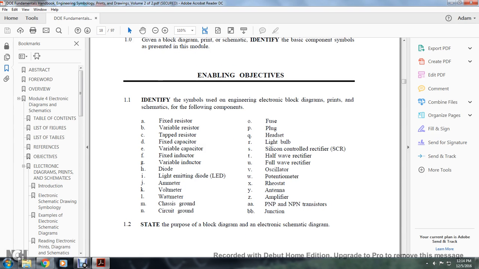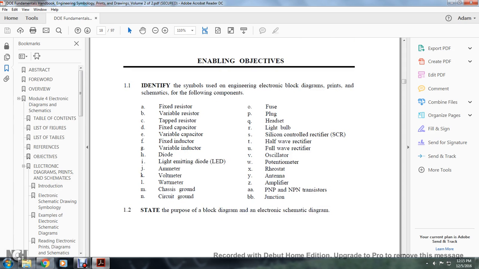A, fixed resistor; B, variable resistor; C, tapped resistor; D, fixed capacitor; E, variable capacitor; F, fixed inductor; G, variable inductor; H, diode; I, light emitting diode; J, ammeter; K, voltmeter; L, wattmeter; M, chassis ground; N, circuit ground; O, fuse; P, plug; Q, headset; R, light bulb; S, silicon controlled rectifier, SCR; T, half-wave rectifier; U, full-wave rectifier; V, oscillator; W, potentiometer; X, rheostat; Y, antenna; Z, amplifier; AA, PNP and NPN transistors; BB, junction.